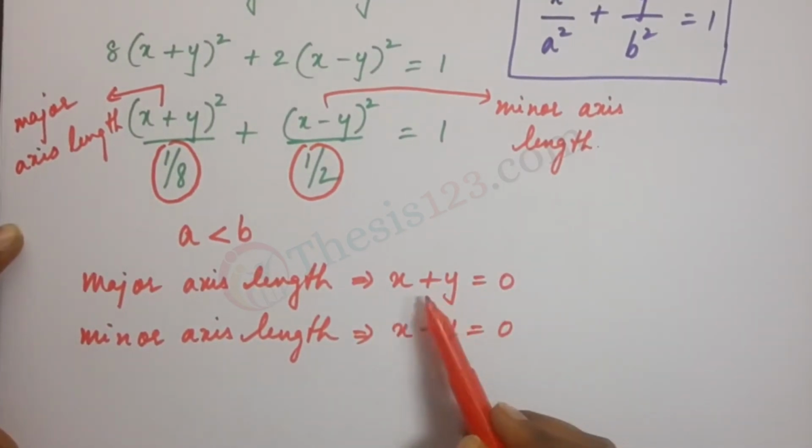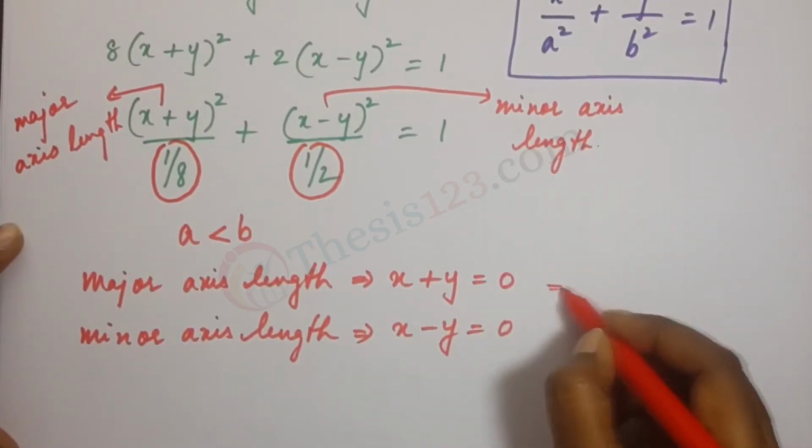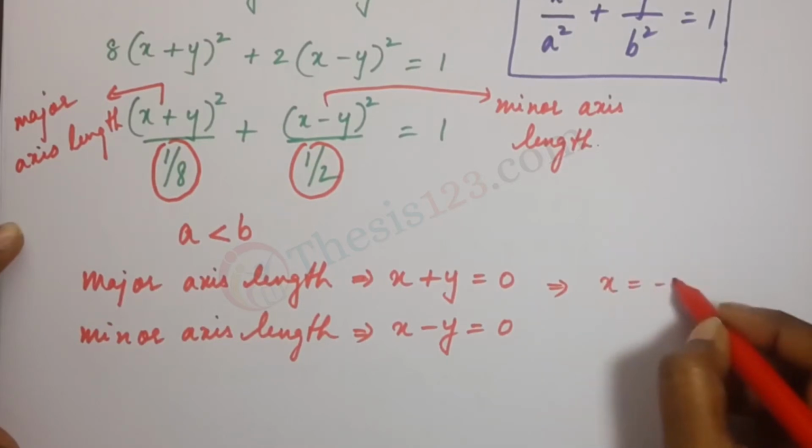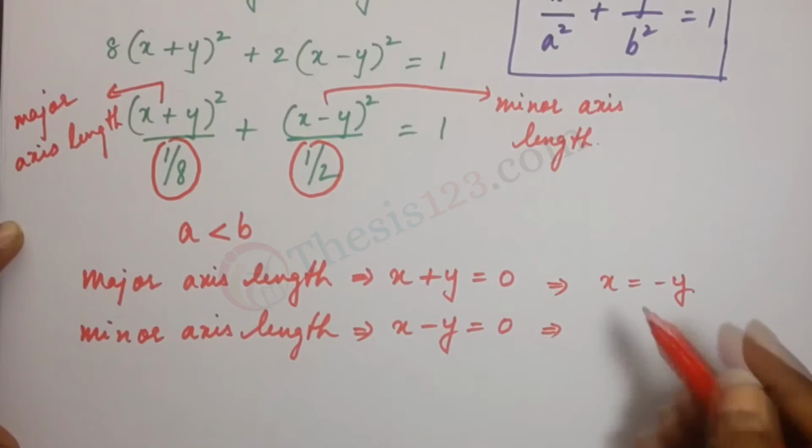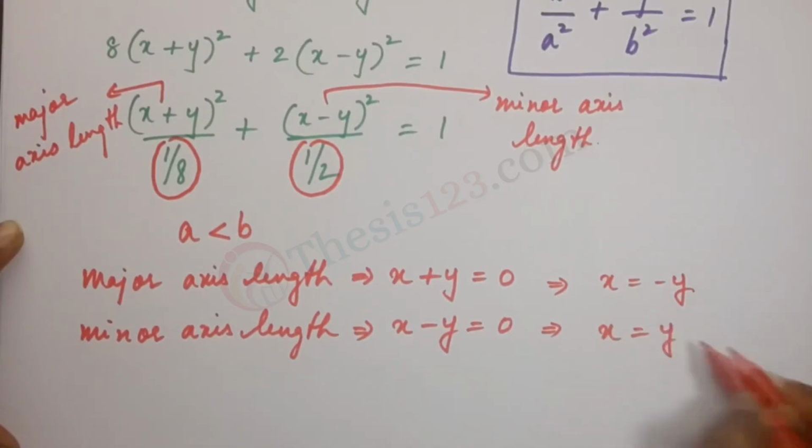Now if we say x plus y equals 0, what does that give us? That gives us x is equal to minus y. And if x minus y is equal to 0, that gives us x is equal to y.